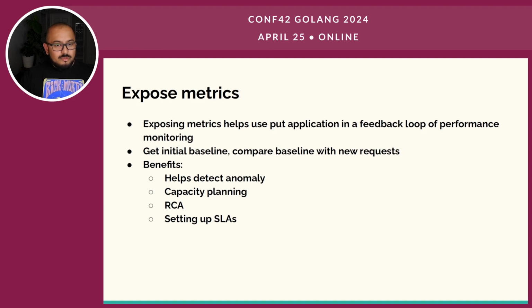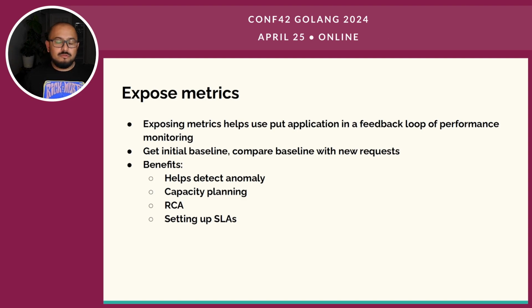The other thing that we could do to make our API more robust is expose metrics, basically exposing time series metrics of your application. Exposing your metrics helps you to set up a baseline and then compare that baseline with when the application starts to receive traffic.